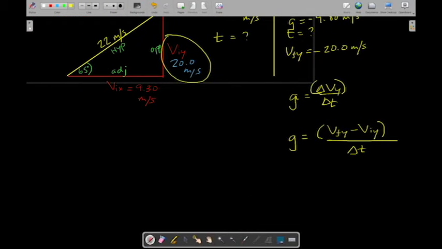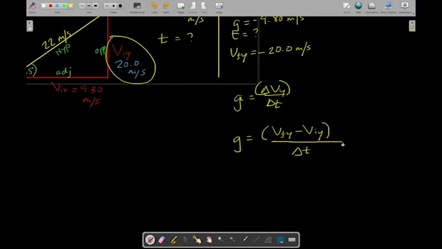Now you'll notice that our unknown is in the denominator. We need to make sure that it's in the numerator in order to solve it. Because t is being divided into our change in velocity, and the opposite of division is multiplication, I'm going to multiply t on both sides. That cancels out. Now our equation is t multiplied by g equals v final y subtracted by v initial y.